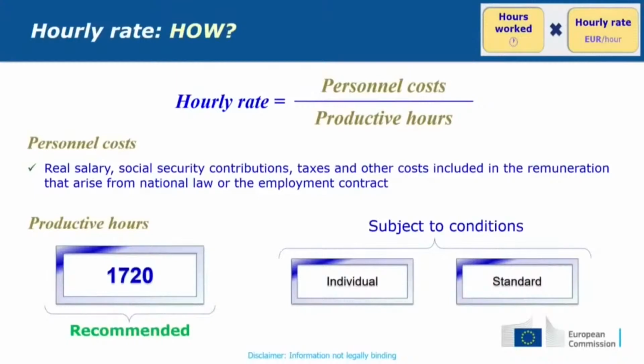And you can also calculate it person by person, taking into account the number of hours that the individual person worked during the year. We put these 2 options there; they are also open. They are subject to conditions. If you prefer not to use the 1,720, please check carefully how and under what conditions you can use one of the other 2 options.